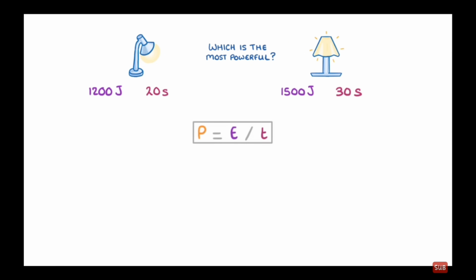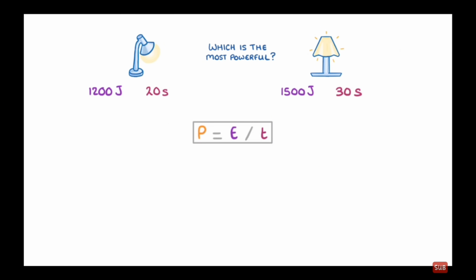To see how the equations work, let's compare two lamps, to see which of the two is most powerful. The lamp on the left transfers 1200 joules over 20 seconds, while the other one uses 1500 joules over 30 seconds. In this case, we'd be using the energy transferred version of the power equation, as there's no work being done.